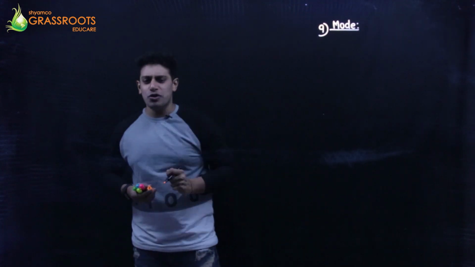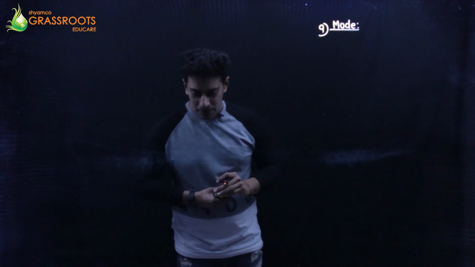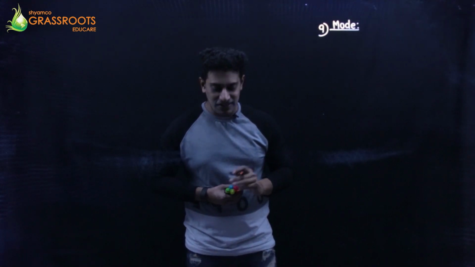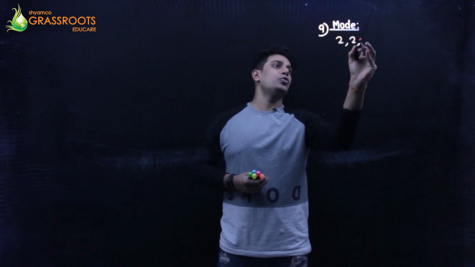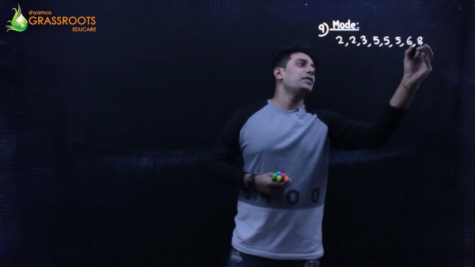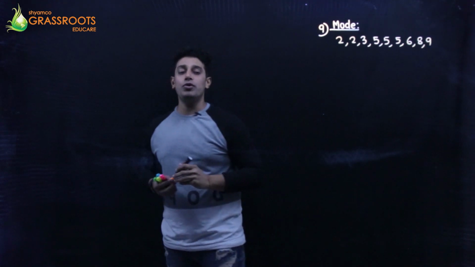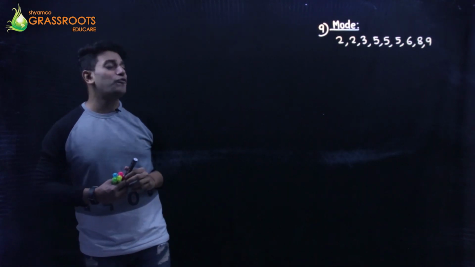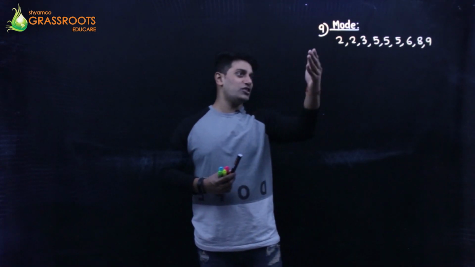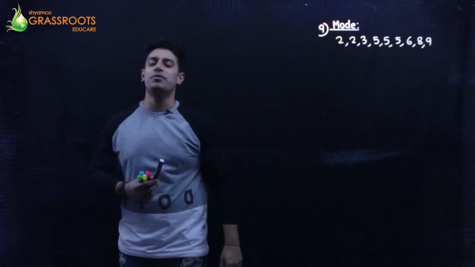Raw data value of x given to me are 2, 2, 3, 5, 5, 6, 8, 9. You have to find the median and the mode both in this question. First rule number 1, arrange the data in ascending order. It is already in ascending order, no problems.